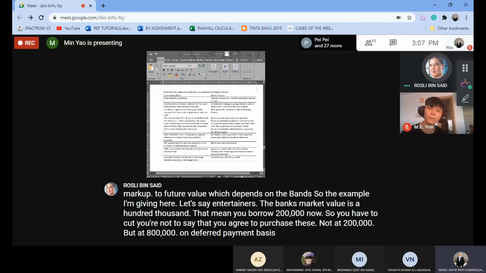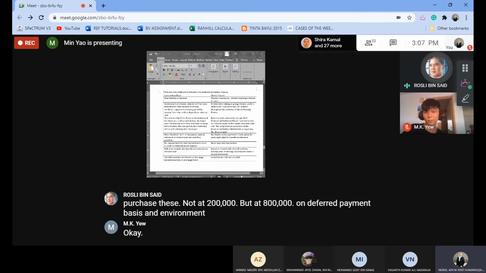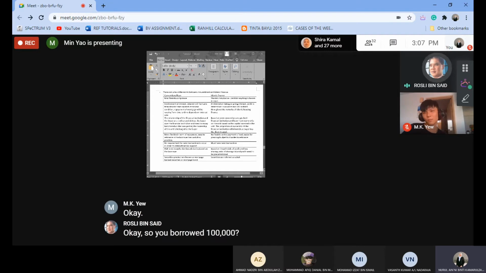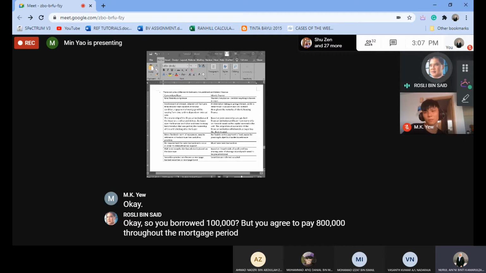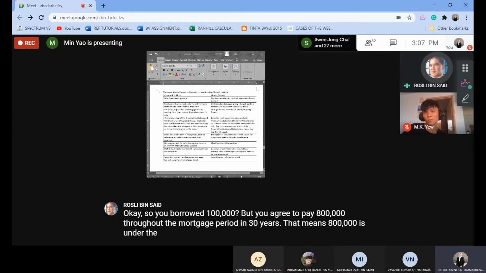Can you see what I mean? Okay, so you borrow 200,000, but you agree to pay 800,000 throughout the mortgage period of 30 years. That means 800,000 is under the agreement between you and the financial institution. So no up or down.